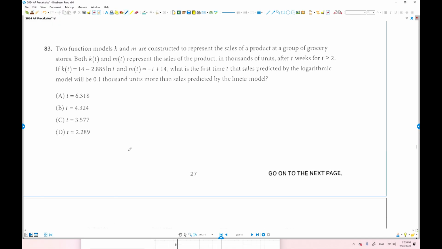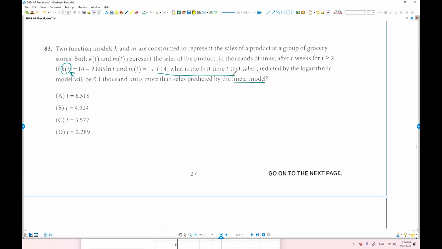And we have number 83. We have two model equations, K and M. Here is the log model, and the next one is the linear model.